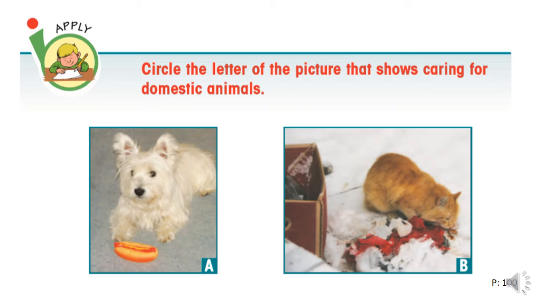Now, can you solve this exercise after we finish our lesson? Yes, sure. We have to look well at the pictures and circle the letter of the picture that shows caring for domestic animals. In A, we have a dog. Someone gives this dog food.